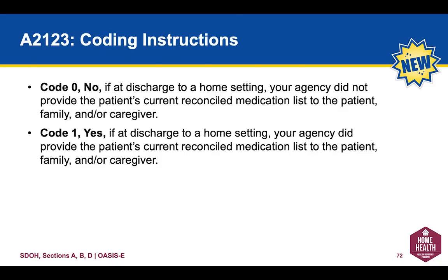The assessor would code 0, no, if at discharge to a home setting, the agency did not provide the patient's current reconciled medication list to the patient, family, and/or caregiver. If, when the patient was discharged to a home setting, the agency did provide a current reconciled medication list to the patient, family, and/or caregiver, the assessor would code 1, yes, and then move to complete the next data element, A2124, route of current reconciled medication list transmission to patient.